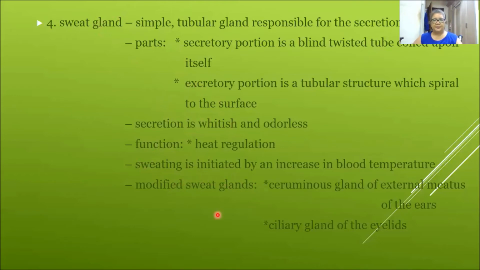Now, there are sweat glands which are modified and which do not secrete sweat, but other secretions like your ceruminous gland in the external ear. What it secretes is cerumen or the yellowish secretion in your ears. Another is your ciliary gland or your Moll's gland.